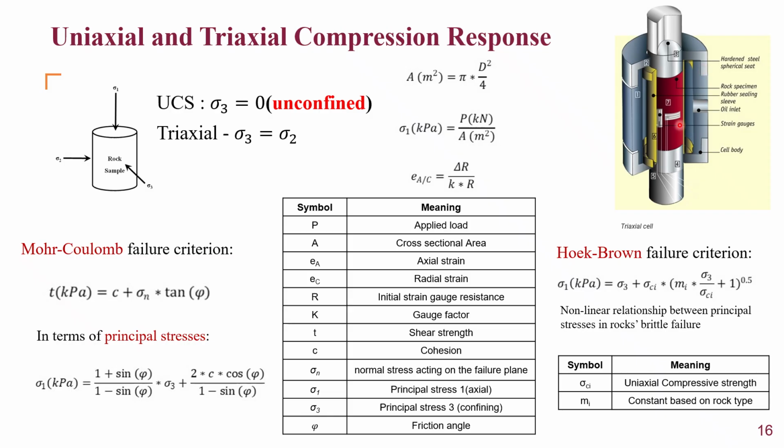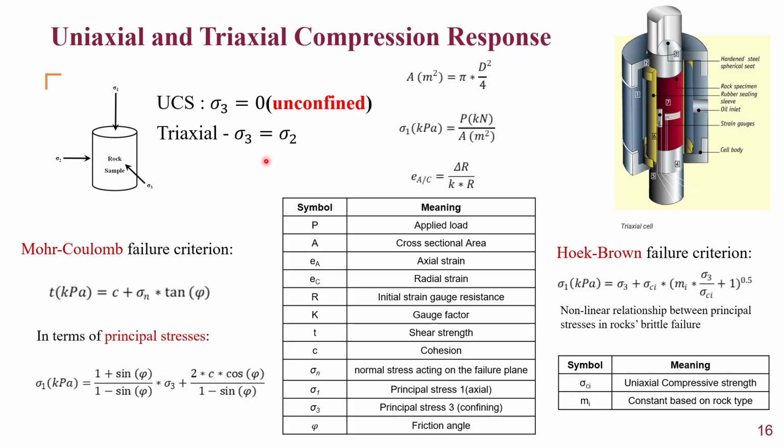Now on the ends of the core, we have the hardened steel sets, which are placed under the load frame, or if it is in a specialized triaxial cell apparatus, it also has hydraulic pressure that provides the sigma 1 as well. Now, if sigma 3 and sigma 2 are absent, then we have the uniaxial compressive strength test. But if you provide some confining pressure, then we are in the triaxial regime.